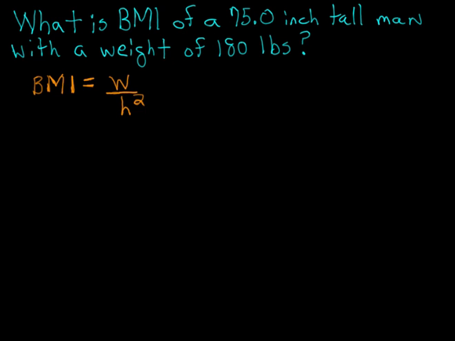And then we'll take the units we're given here. H equals 75 inches. And one thing you should note is that it says 75.0. So it's telling us there are three significant figures here, because that 0.0 conveys information. And the weight equals 180 pounds.